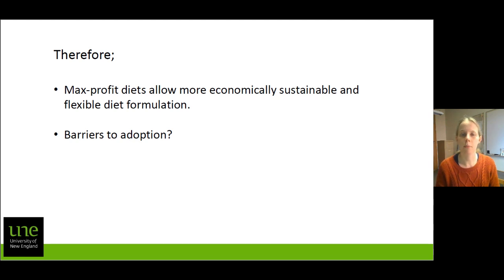But there are some barriers which may be preventing uptake of this method within industry. At least in Australia, some improvement will likely be required in the collection of production and market data, and likely as producers better understand how their hens may respond to different dietary specifications, the opportunity will also arise to choose a set of specifications that results in maximum profits for their unique situations and businesses.